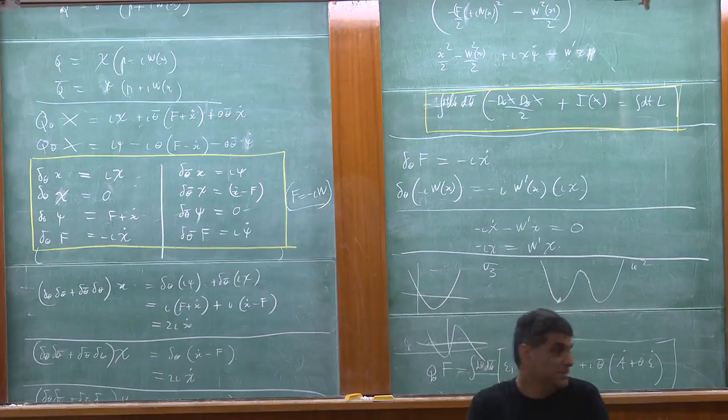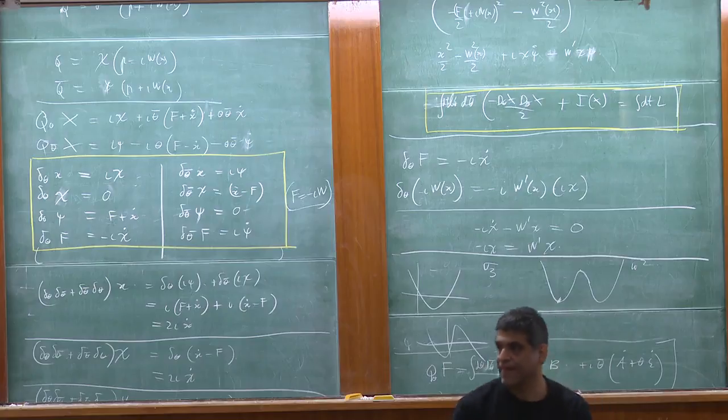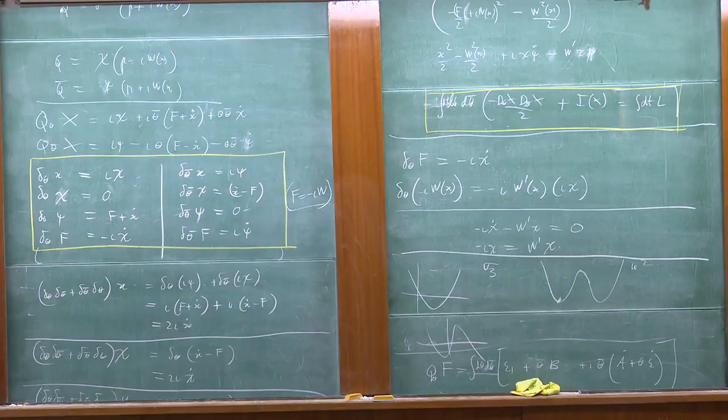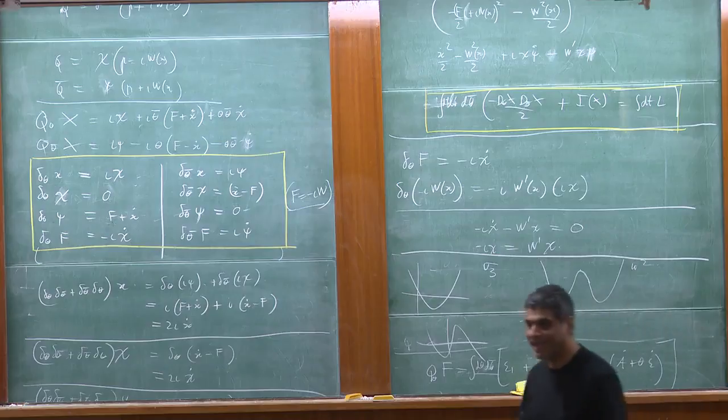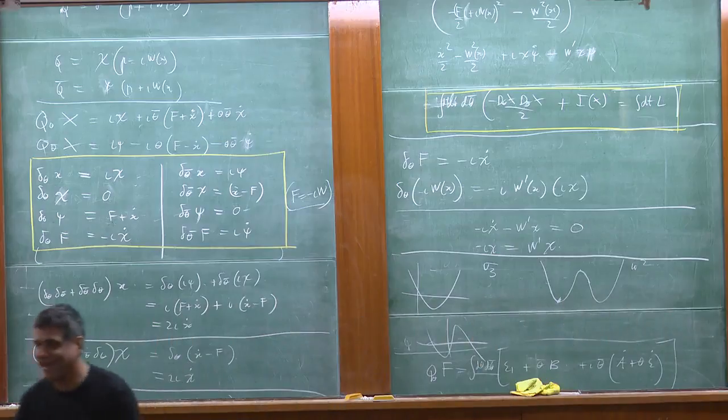You can do that. But unless that function of x is singular, you can always do a field redefinition to make that kinetic term go away. And in fact, that's where we are heading towards, a context where that is not the case. That is when you have more than one x.